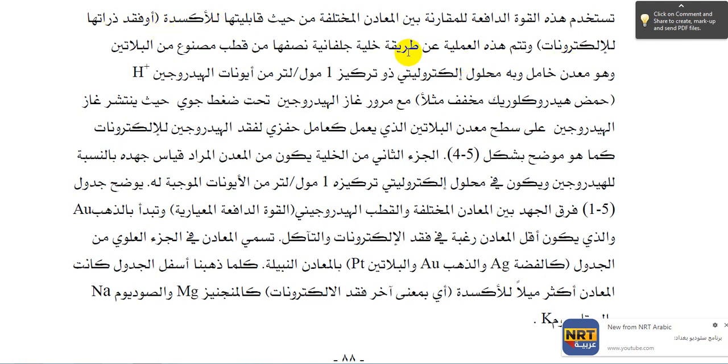This procedure is done by using a galvanic cell with a half pole made of platinum, with the acid concentrated at 1 mole, or 2 moles per liter, of the hydrogen ions H positive.